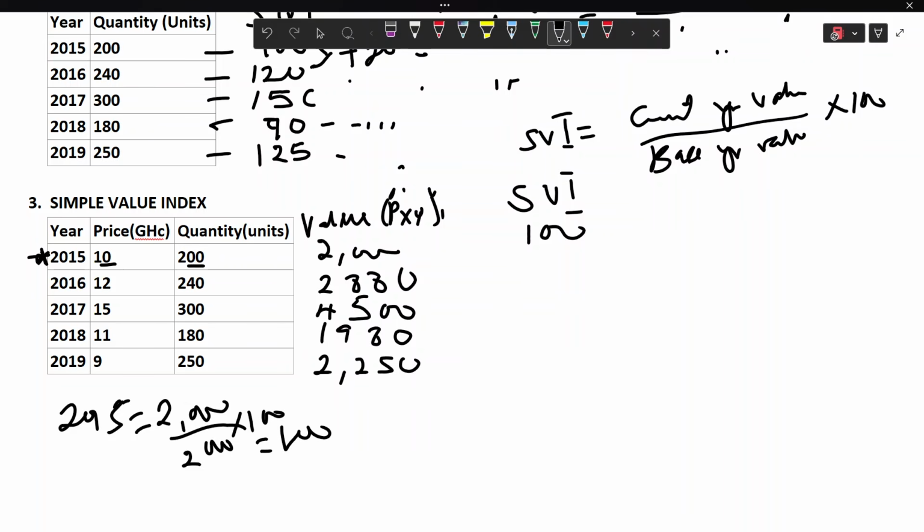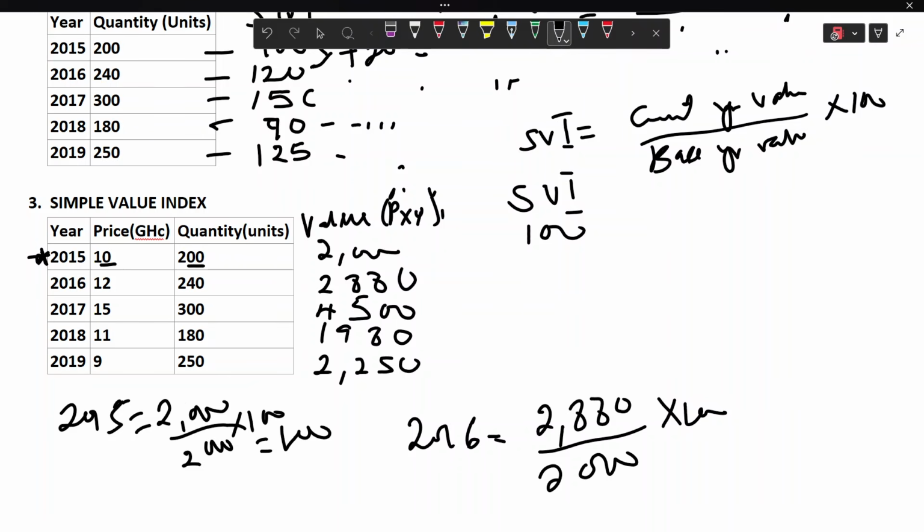Now 2016 is given by the value for 2016, 2880, divided by 2000 times 100, which gives us 144.